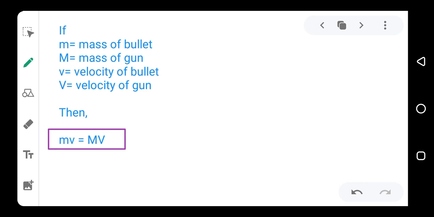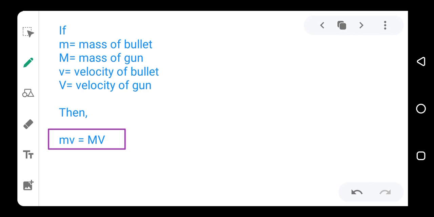If small m is the mass of bullet, big M is the mass of gun, small v is the velocity of bullet, and big V, capital V, is the velocity of gun, then we can say that small m times small v is equal to capital M times capital V. This creates a relationship between the momentum of the gun and the moving bullets.